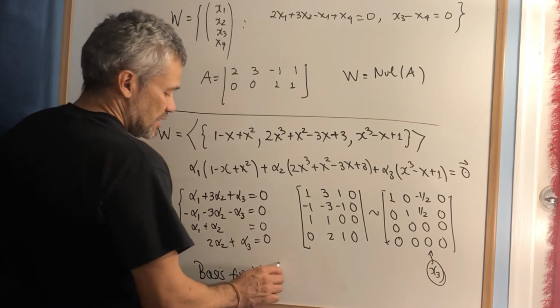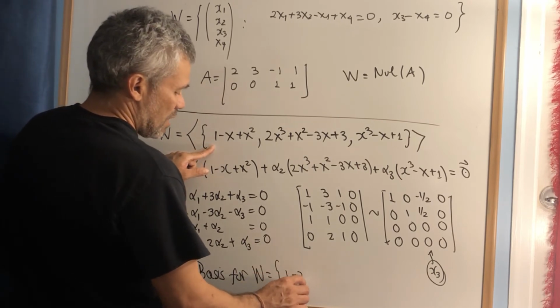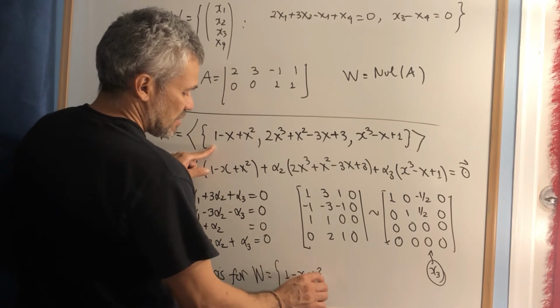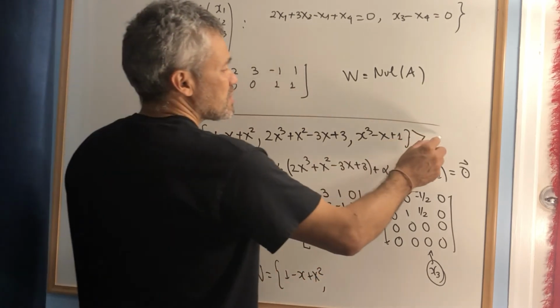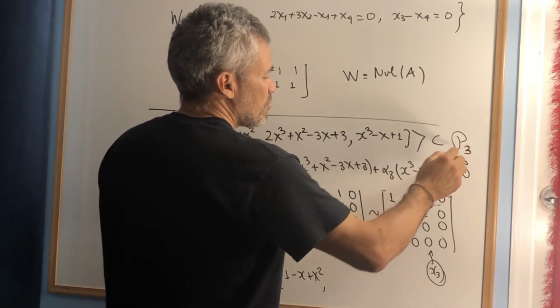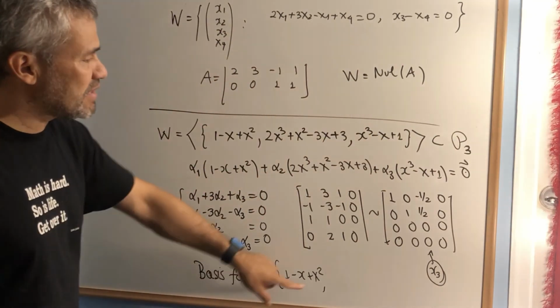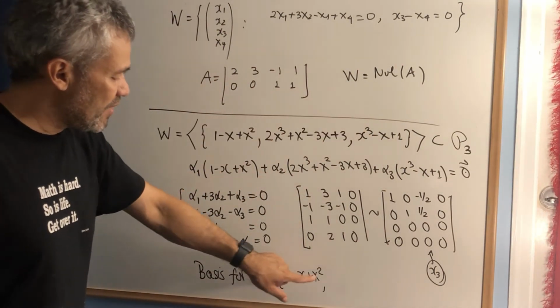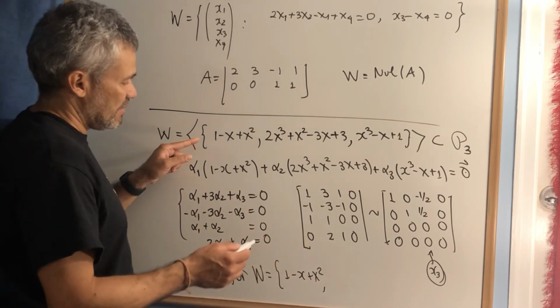is just this set, with this vector, 1 minus x plus x squared. Remember that we call it a vector because this is contained in P3, polynomials of degree 3 or less, and this is a vector space, and elements in a vector space are called vectors regardless of whether they are polynomials or matrices or anything else.